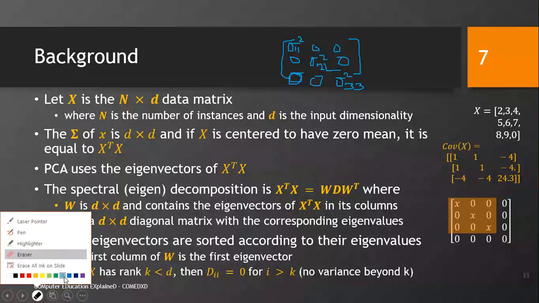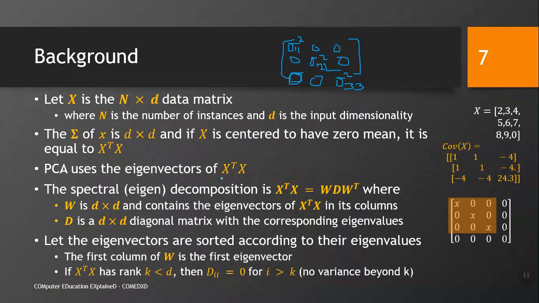PCA uses the eigenvectors of X transpose X. Remember, this X transpose X is now basically our covariance matrix, and we find the eigenvalues and the eigenvectors of this covariance matrix.